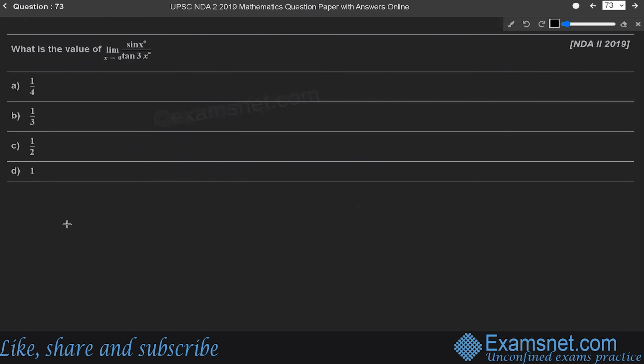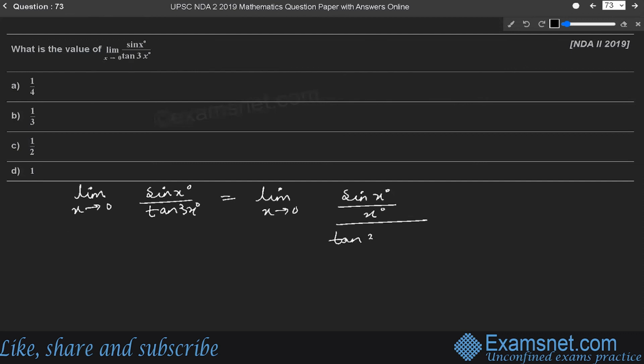Next question is, what is the value of limit x tends to 0 sin x degree upon tan 3x degree? So we can write it as limit x tends to 0 of (sin x degree divided by x degree) divided by (tan 3x degree upon 3x degree) into 3.